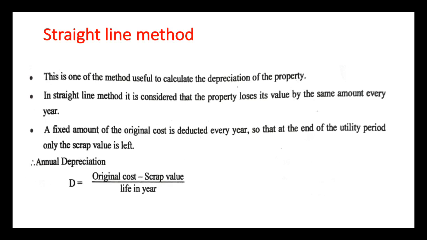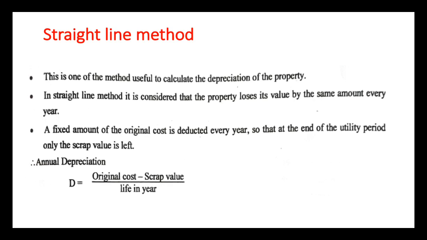Though the method is a simple one, it calls for realistic evaluation of salvage value and correct computation of the service life of the property.